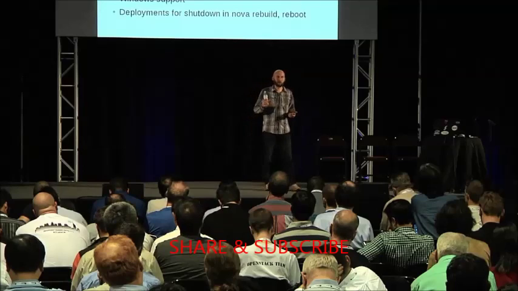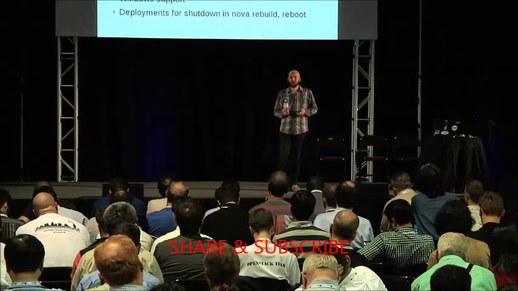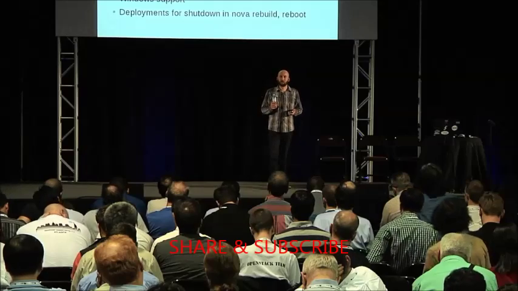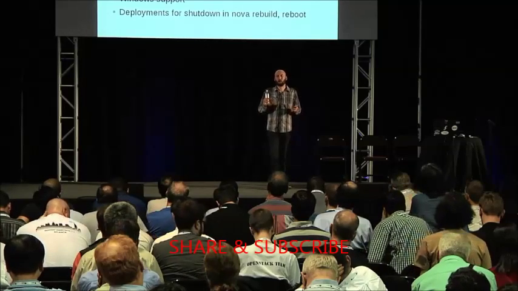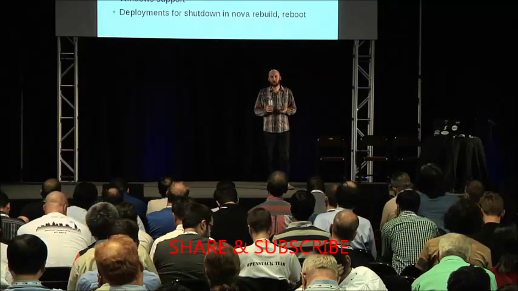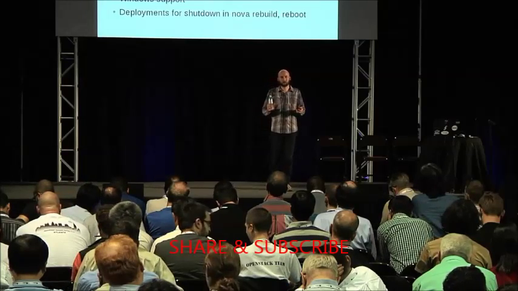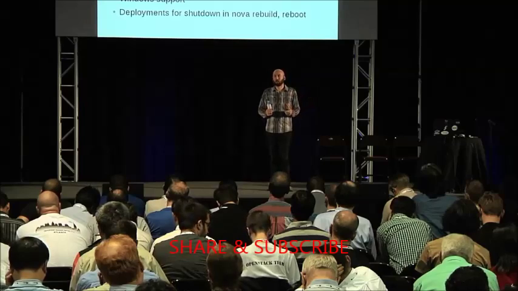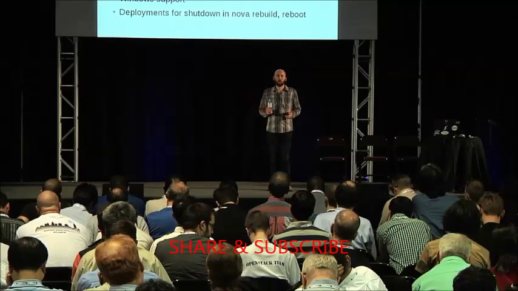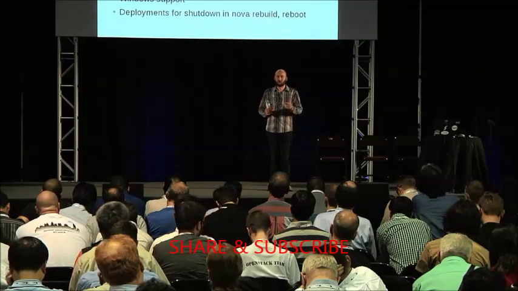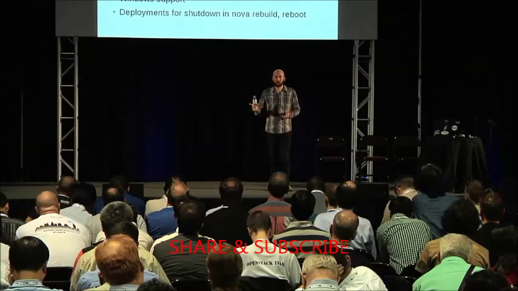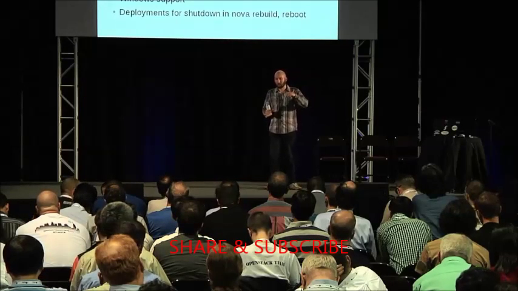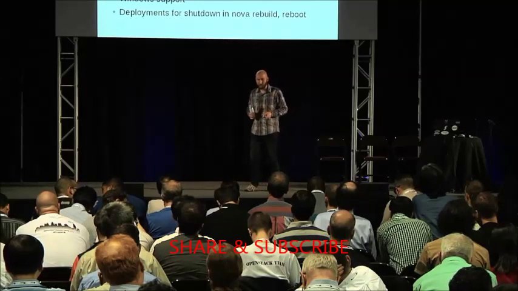That's tricky in this model because in the scenario where you do a stack update and the server resource says I need to replace myself, or I need to do a rebuild, or I need to do a reboot, two things happen. The old server gets shut down and the new server starts up. This will work fine for the startup. The update will happen and then it'll be configured and it'll be all good. But there's no way of specifying the workload to happen during the shutdown. So we just need to have a solution for that.